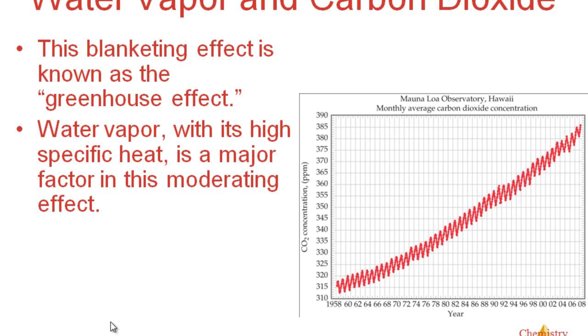Now, in desert places where there is no humidity or very low humidity, in the daytime it's very hot because the sun's energy is directly hitting, with no filtration by the atmosphere, all rays hitting the desert.